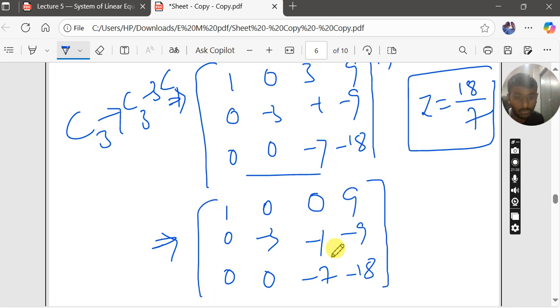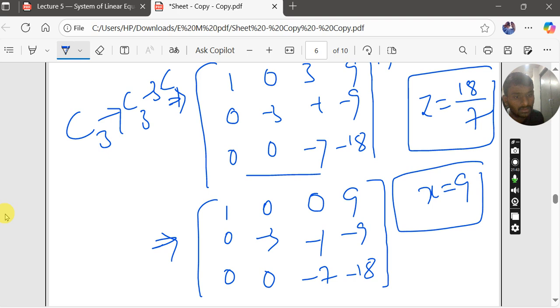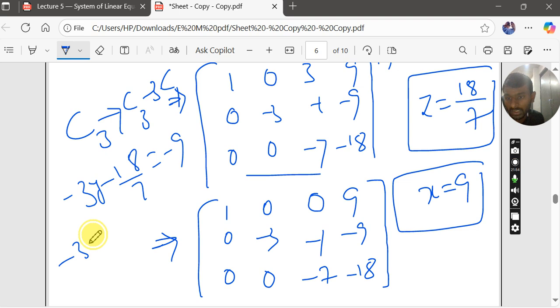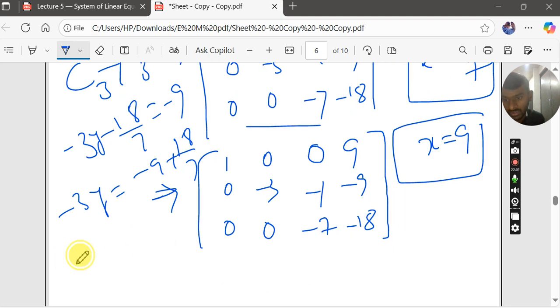I don't know what happened. Okay, so here z will be 18 by 7 and x will be 9. What about y? Minus 3y minus 18 by 7 equal to minus 9. Here minus 3y equal to minus 9 plus 18 by 7, so minus 3y equal to minus 63 plus 18 by 7.